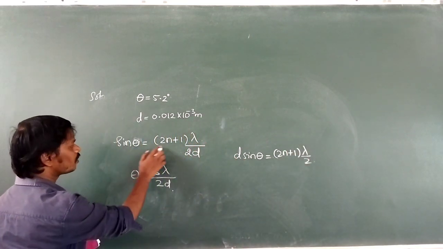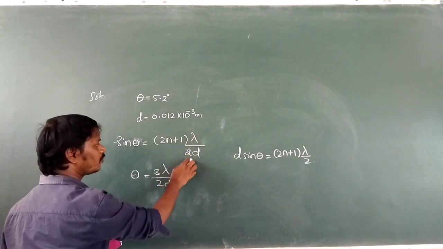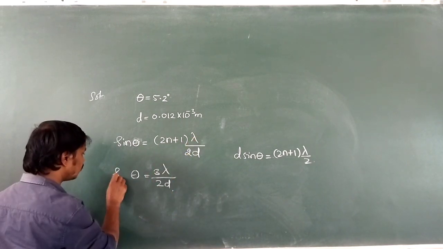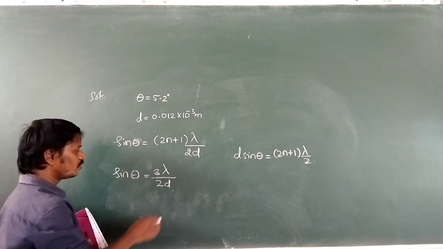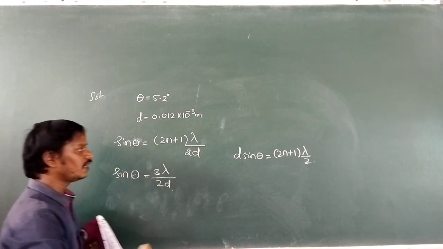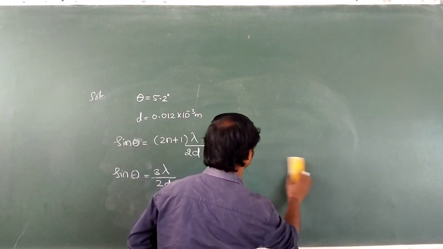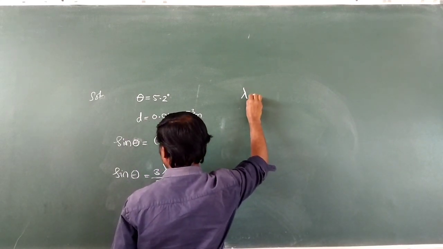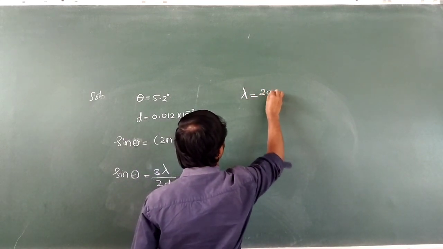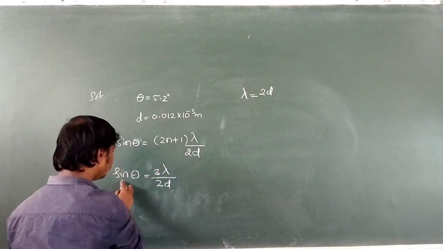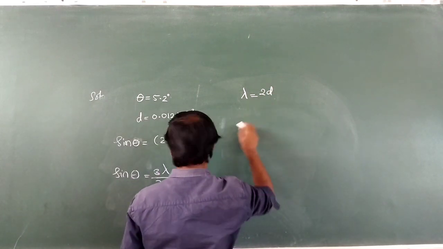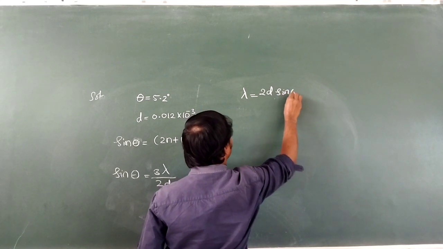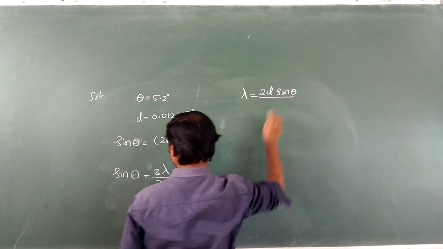So sin theta is equal to (2n plus 1) into lambda by 2d. Our aim is to find lambda. Then lambda is equal to 2 into d sin theta divided by 3.